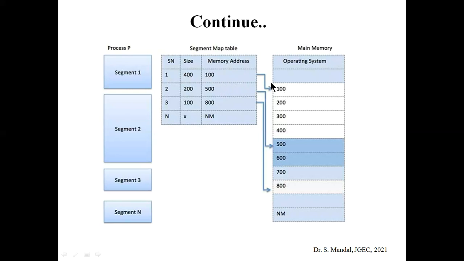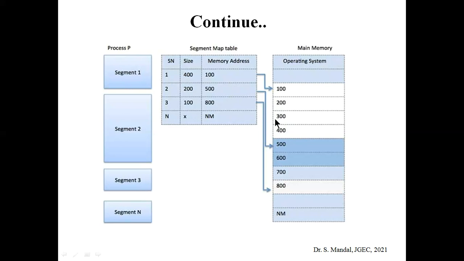So segment 1 will start to load from memory location 100, and it will continue to load up to which location? You can see that the size of segment 1 is 400, so obviously 100 plus 400, that means up to 500 KB segment 1 will be occupied.